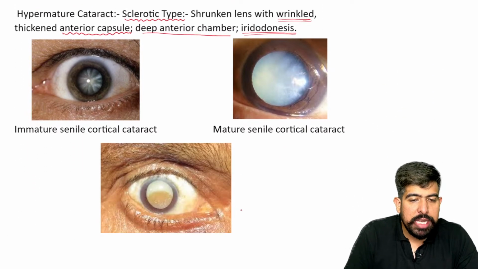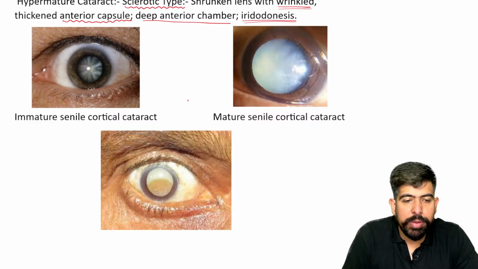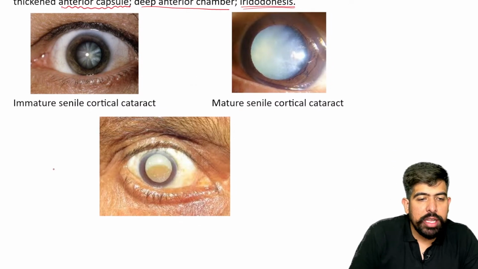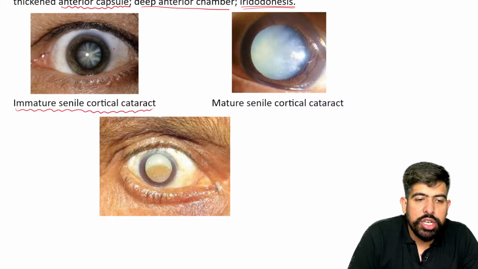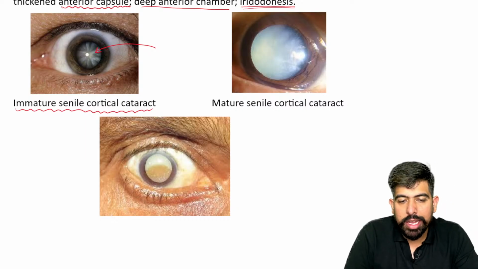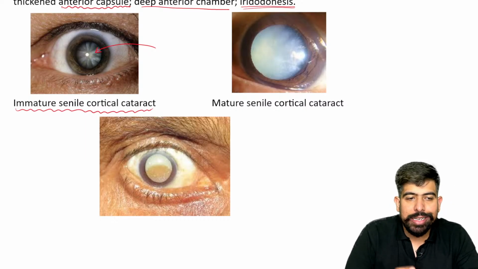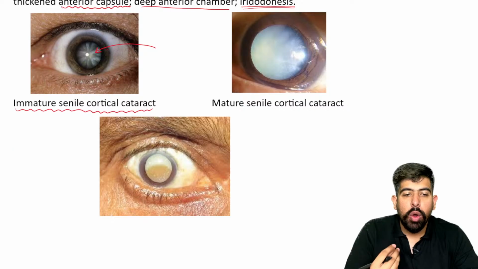Between this, I'm going to show you all the types of cataracts. You can see the immature senile cortical cataract. There is the starting of clouding in the lens, and slowly it gets whitish clouding.